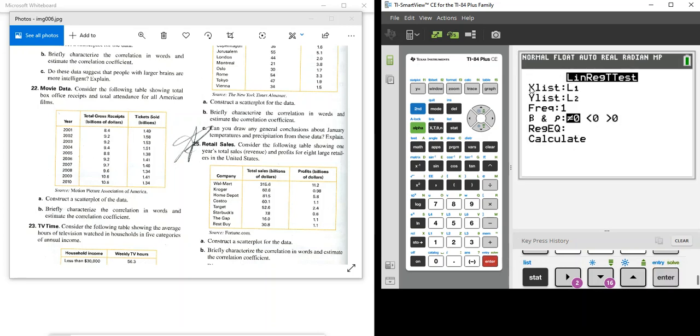The x values are our independent variables. These first ones here are in L1. The dependent variables, these are in L2, that's our profits.